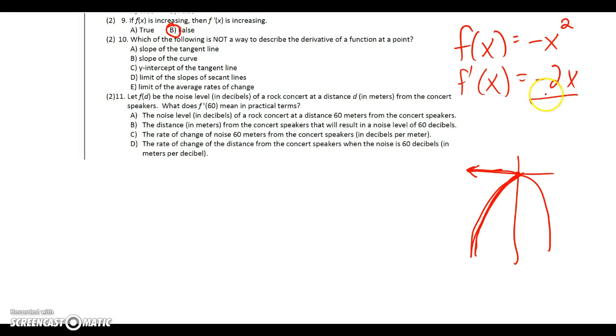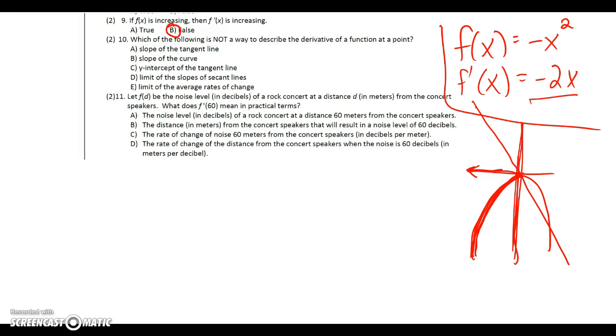This derivative line looks like this, negative 2x. So it's a line that runs through here, right? So it's decreasing even though my f of x is increasing. And you can see that on your graphing calculator if you graph these two things. When x is less than 0, my original graph is increasing, but my derivative is decreasing.